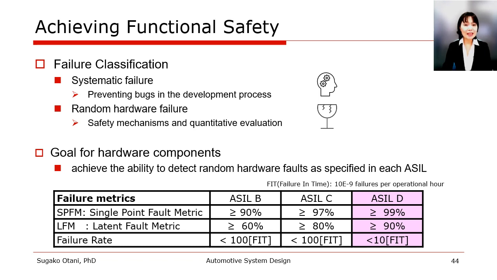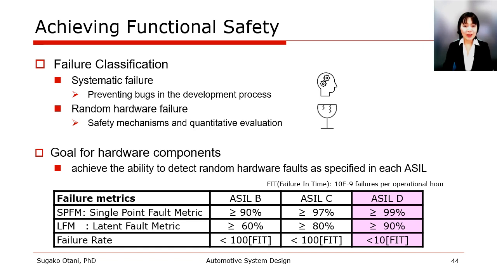Malfunction of the EE component is classified into two types of failures. Systematic failures represent the failures in an item function that are induced in a deterministic way during development, manufacturing, or maintenance.